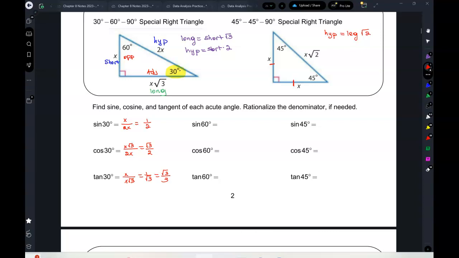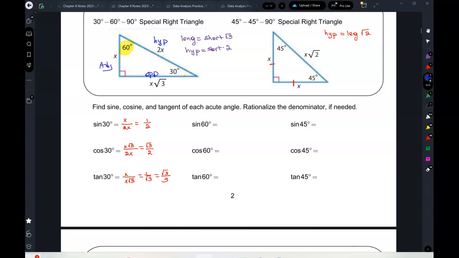Okay? Now, let's do 60 degrees. For the 60 degrees, we have to relabel everything. So I'm going to erase all this. For the 60 degrees, now this is the angle that I'm looking at. So which one is the opposite now? This one, and the adjacent is this.